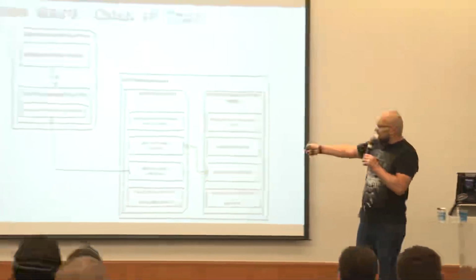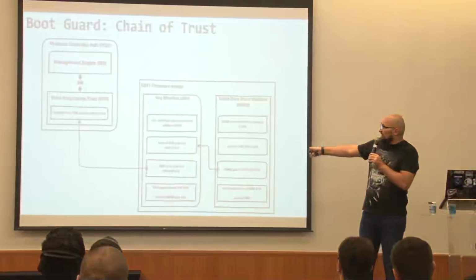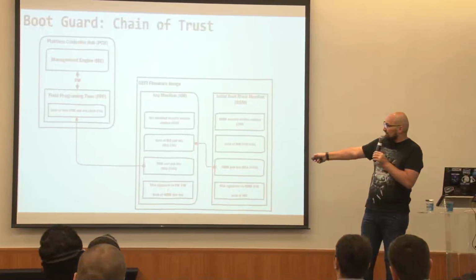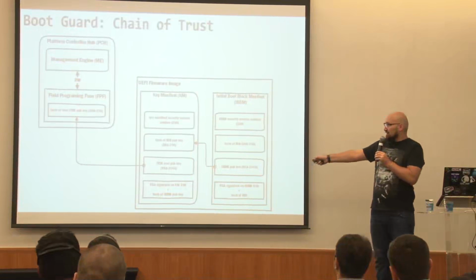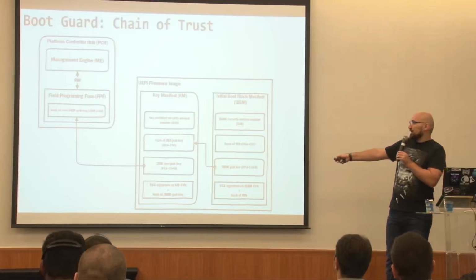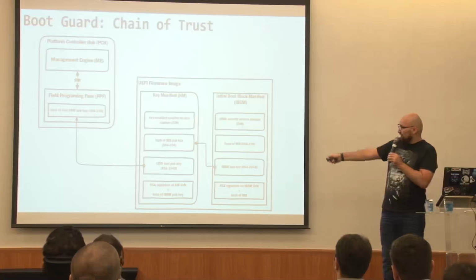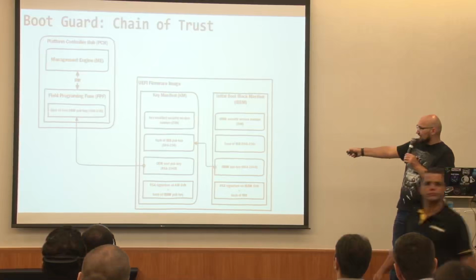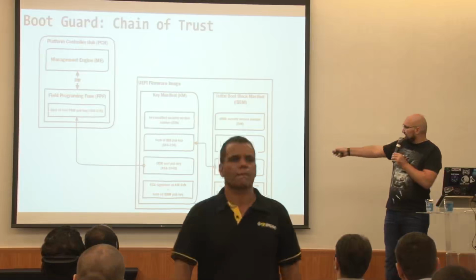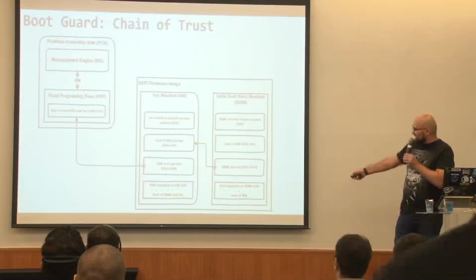And let's look at a more detailed picture. We have a part which is based on hardware, and we have the management engine, which has read-write access to the field programmable fuse, which stores a hash, the OEM public key hash, which is the root of trust for other firmware image policies. So we do have in the BIOS update the key manifest, which stores a lot of different things, and the initial boot block manifest.